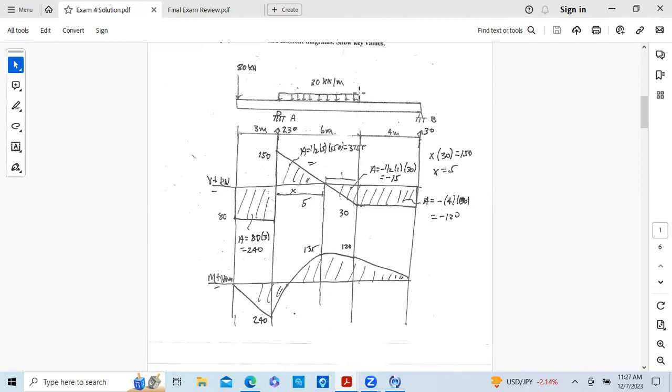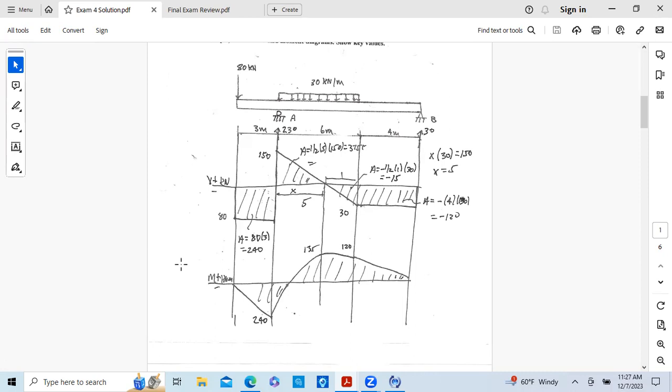And then at the end of the distributed load, there's a discontinuity at that point also. So we drop a vertical, and of course, at the end of the beam, we drop a vertical. Then we do our horizontal lines for shear, kilonewtons plus and minus, and moment, kilonewton meters plus and minus.